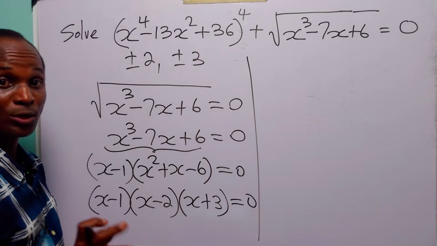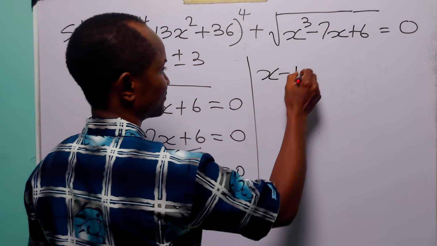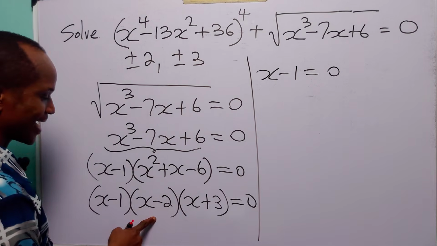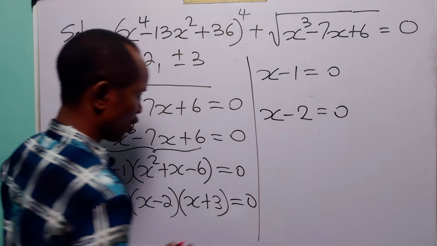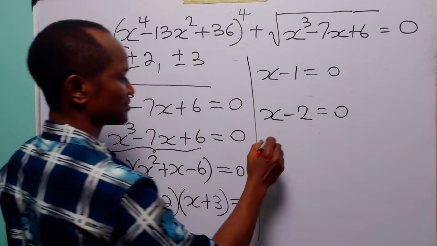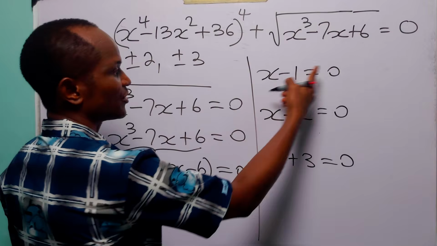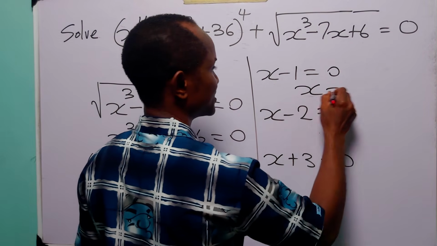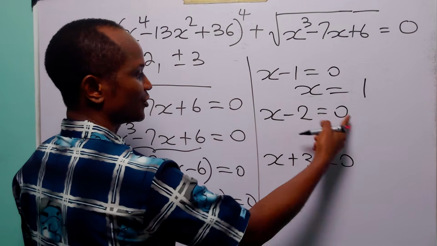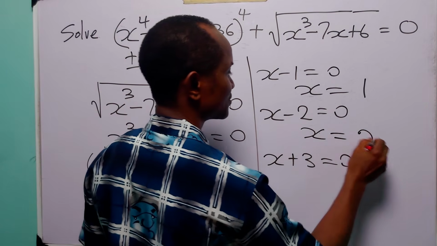And from here, ultimately, we have that either x minus 1 is equal to 0, or x minus 2 is equal to 0, or x plus 3 is equal to 0. Of course, when you add 1 to both sides of this equation, you have that x is equal to 1. When you add 2 to both sides of this equation, you have that x is equal to 2.